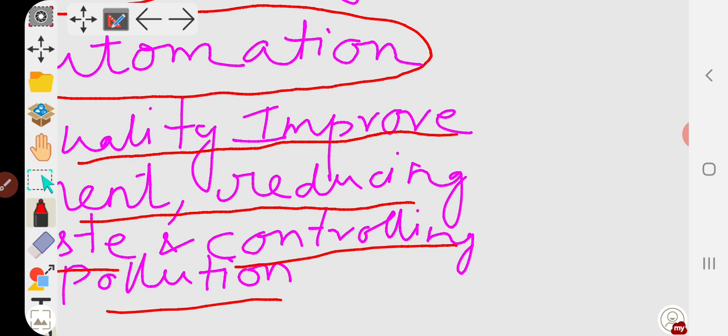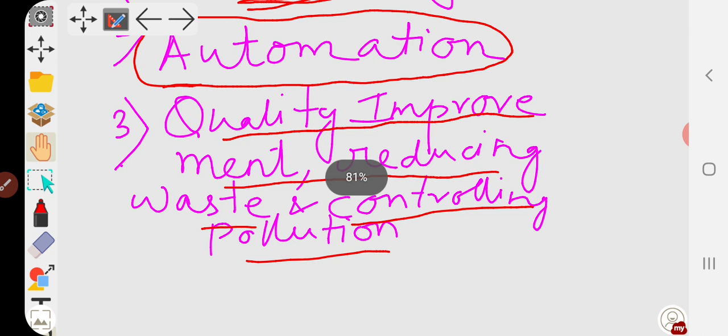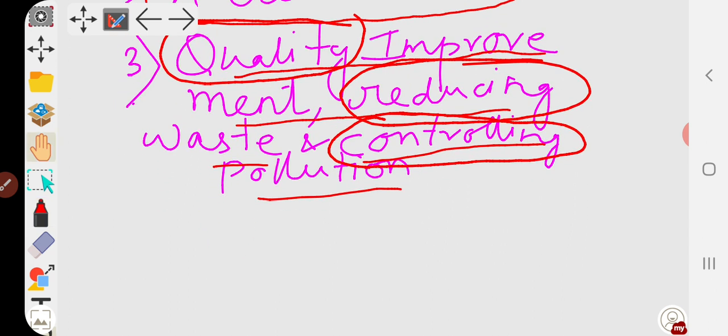So, when we create research work through technological innovations, what is our motive? The first motive is to improve the standard of quality, to reduce the waste that is continuously there due to manufacturing activities, and to control the pollution level also. That is related to technological innovation.